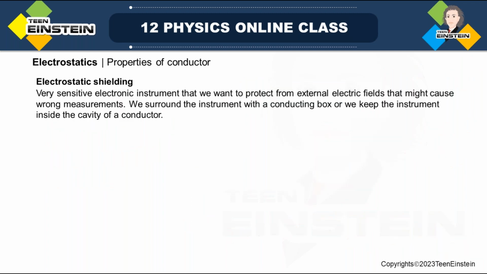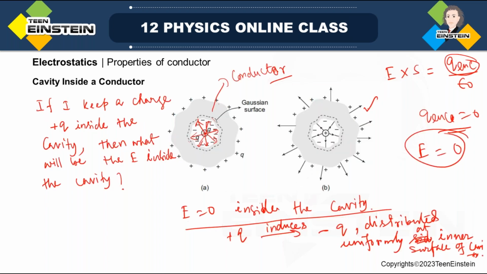Now, electrostatic shielding. We can make use of this cavity concept. Suppose I keep this positive charge inside the cavity, and then we bring any electric source, which has a very large electric field, near to this cavity.